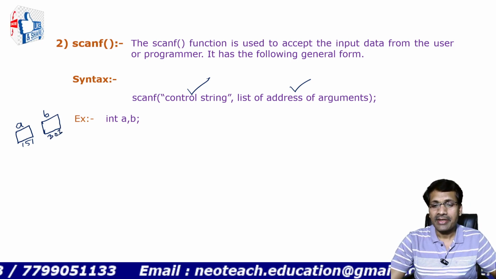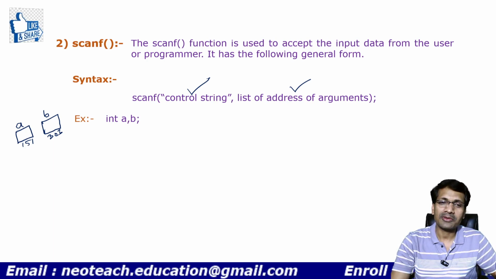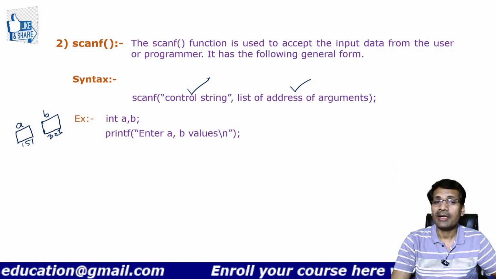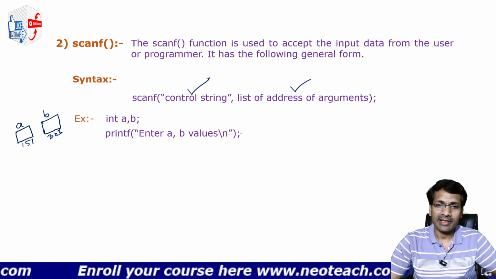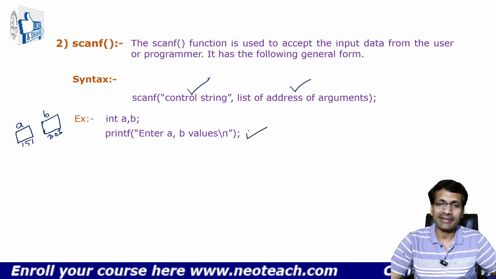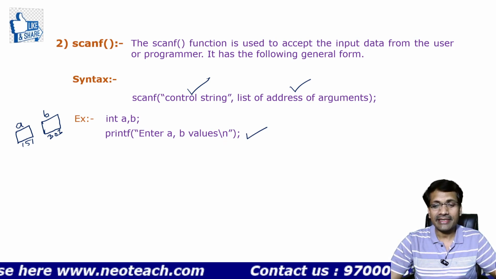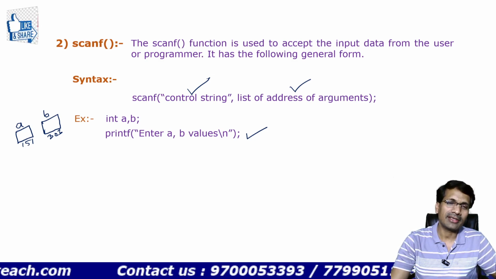Assumption here. I want to read two values from the user, so I give an output statement: printf enter a, b values. If I write this statement, it prints on the monitor as it is, enter a, b values. By seeing this, the user will give some values, say a is 10 and b is 20.